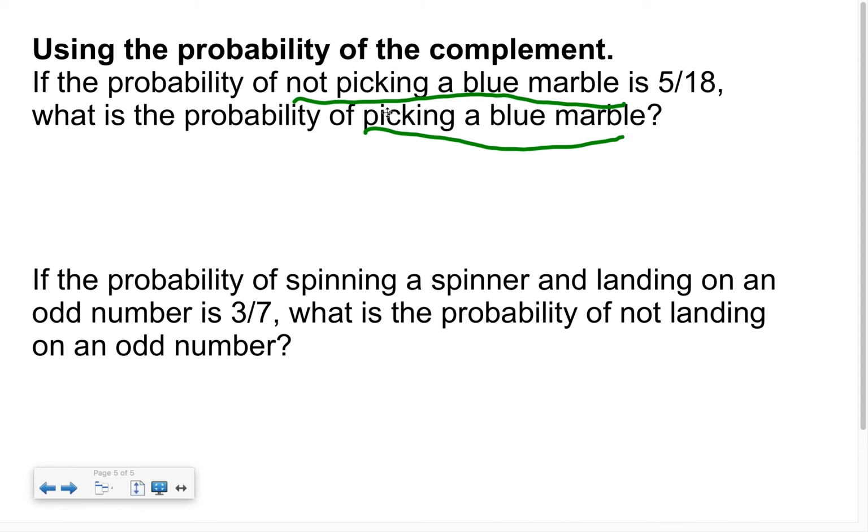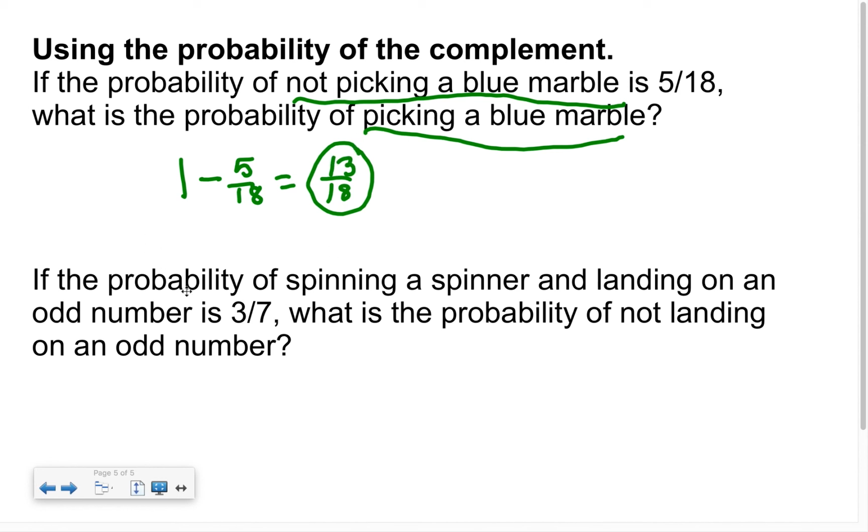It has to be equal to 1. So if we know that together they have to equal 1, we can do 1 minus 5/18, which is going to be 13/18. That's the probability of picking a blue marble. Because let's say there's 18 marbles. If not picking a blue marble is 5 of the 18 that are not blue, that means 13 have to be blue, so 13 out of 18.